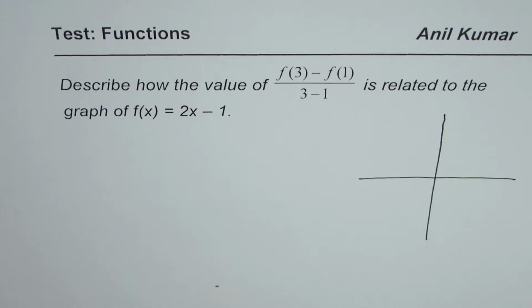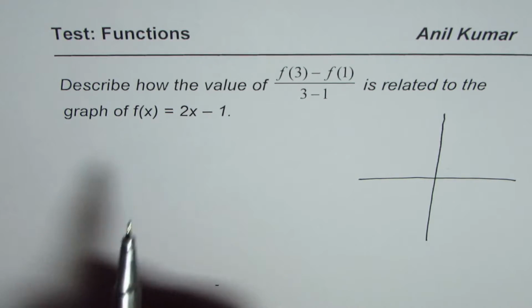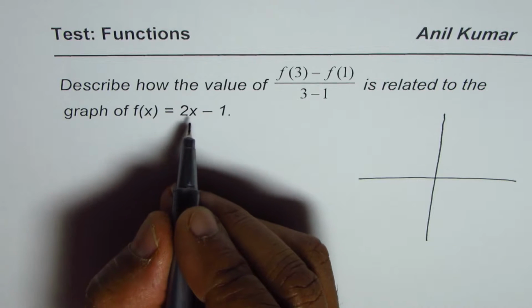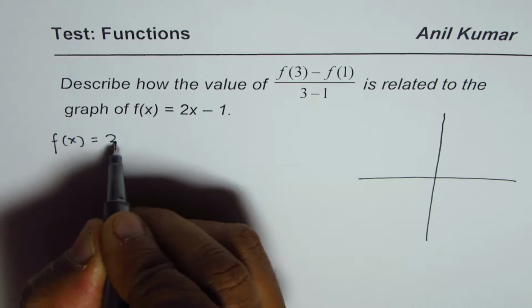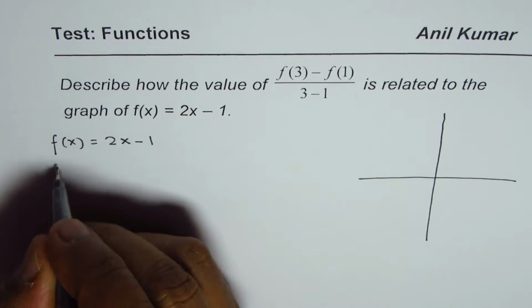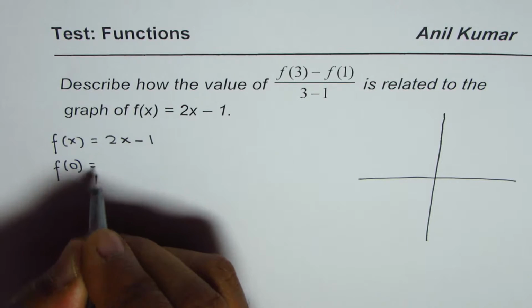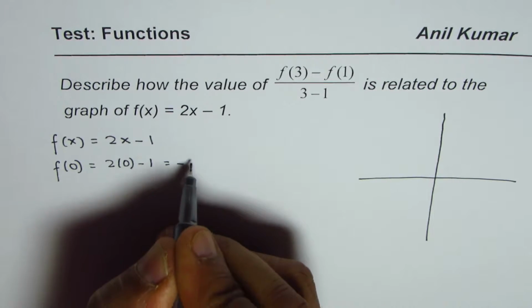Now this is the equation of a line, and since it is the equation of a line, let's find at least 2 points. We have f(x) = 2x − 1. The y-intercept is −1, that is, f(0) is 2 times 0 minus 1, which is −1.